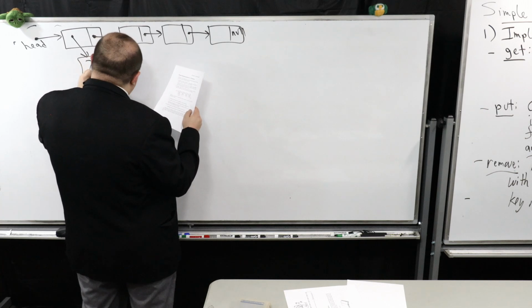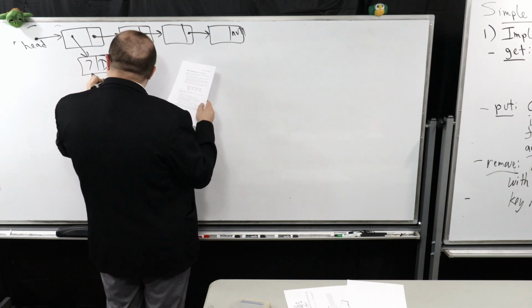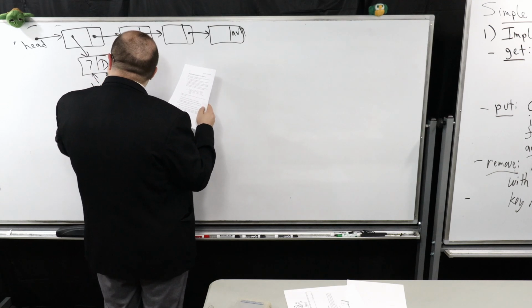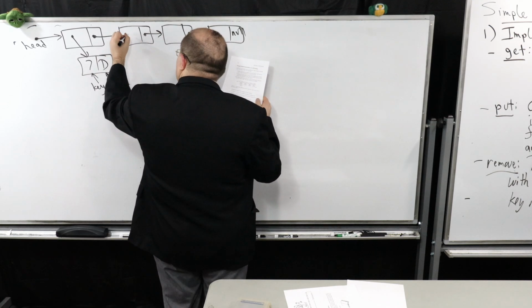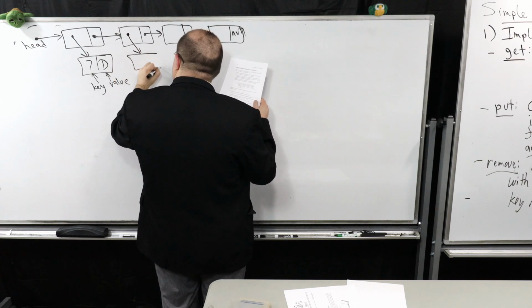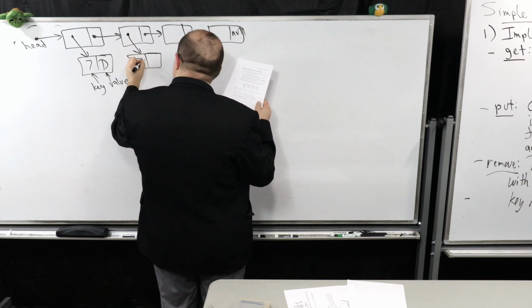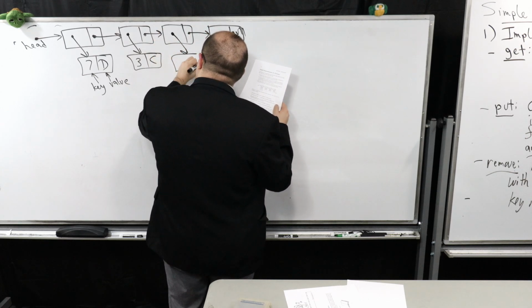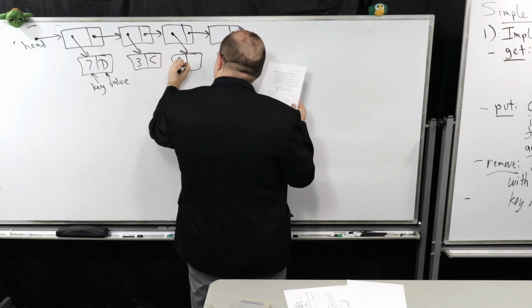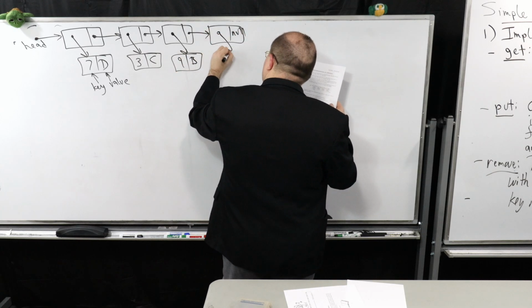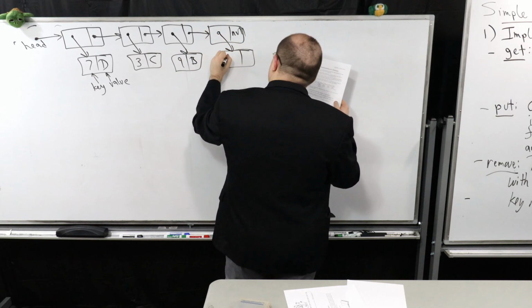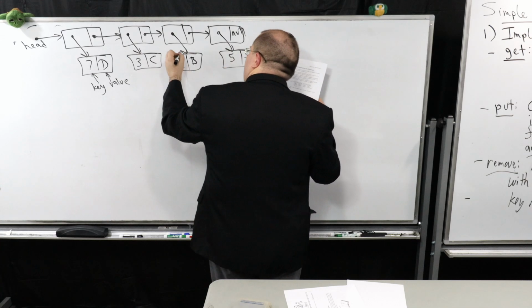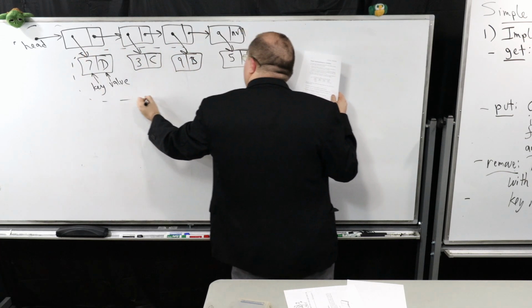So for example, if I have 7 and D, this would be the key, and this is the value. So you have 3 and C. I can have 9 and B. And I have 5 and A. Now, the records of the dictionary are these.